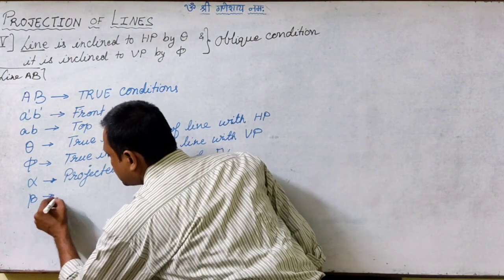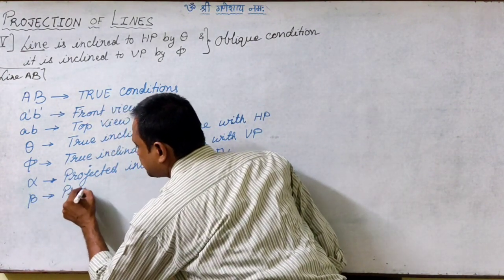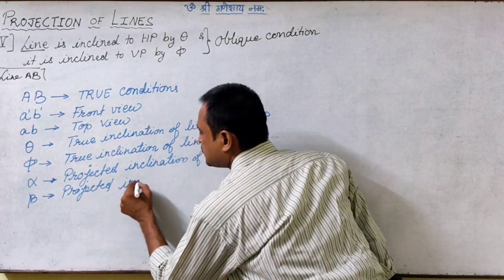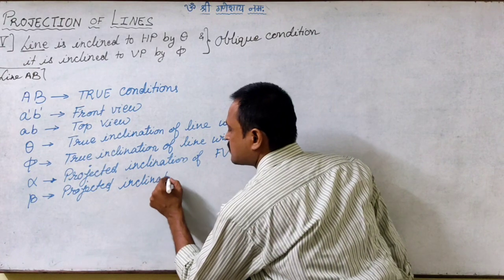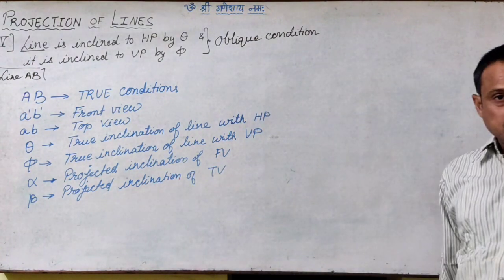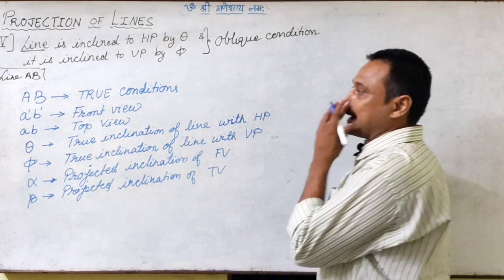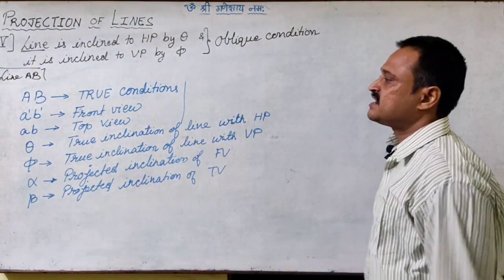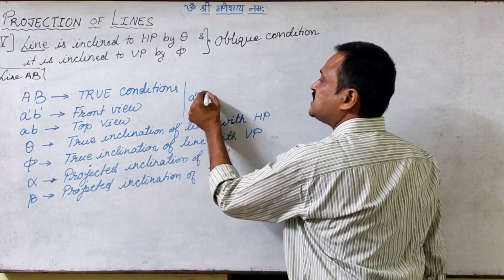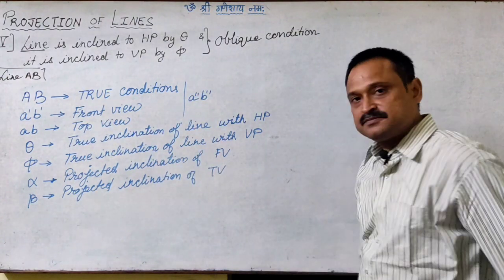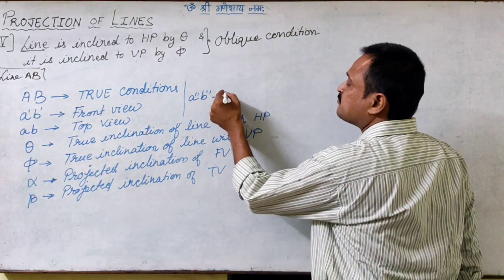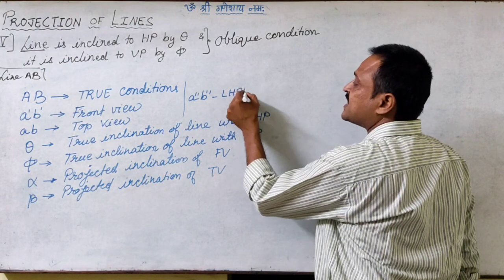Beta is the projected inclination of the top view image, or on the top view. Again here one thing which I have missed: if it is A double dash B double dash, that means smaller case with superfix double prime. So this is for the profile view or the left hand side view.